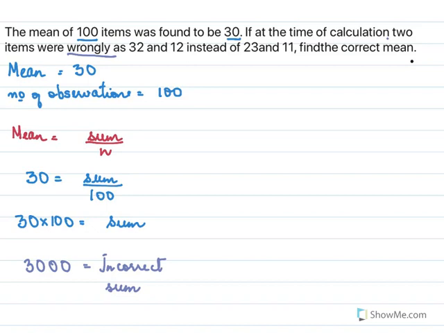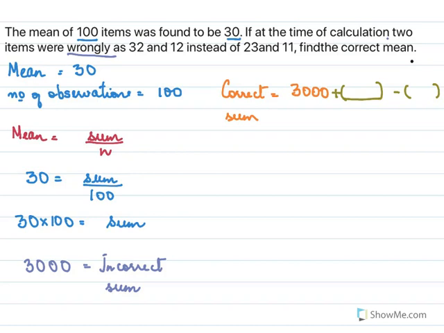The incorrect sum is 3000. To correct the sum, we write the incorrect sum and then we add what is right and subtract what is wrong.